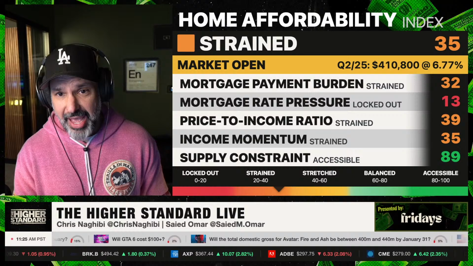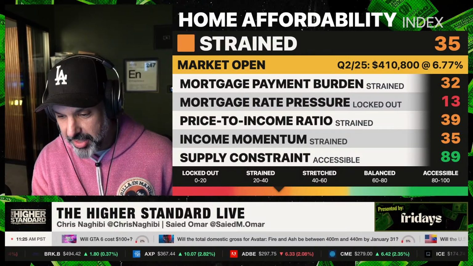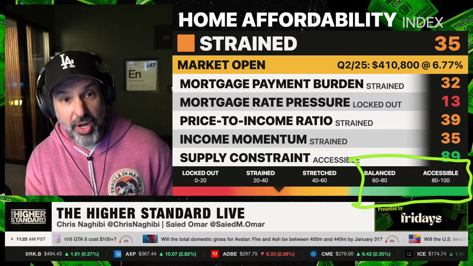What I'm saying, just looking at this purely from a mathematical perspective, is that you need rates to come down, probably about 1%, maybe half that mathematically, and home values to come down, and wages to go up in order to get to what I would like to think of as an accessible real estate market. A balanced market would take a combination of all three of those as well.